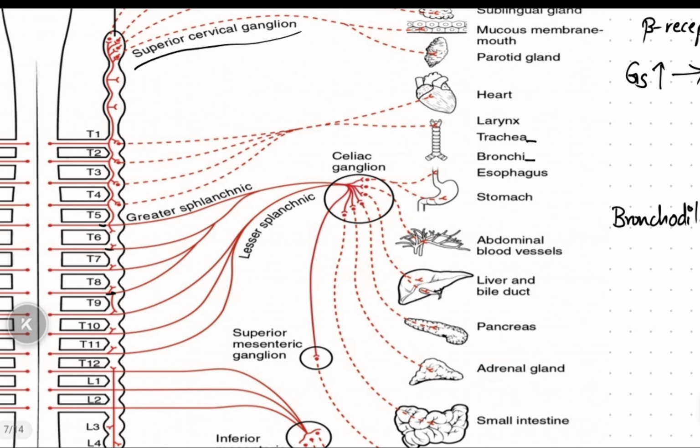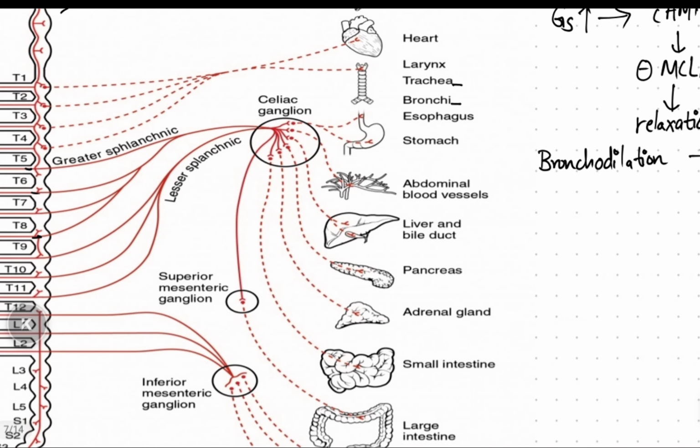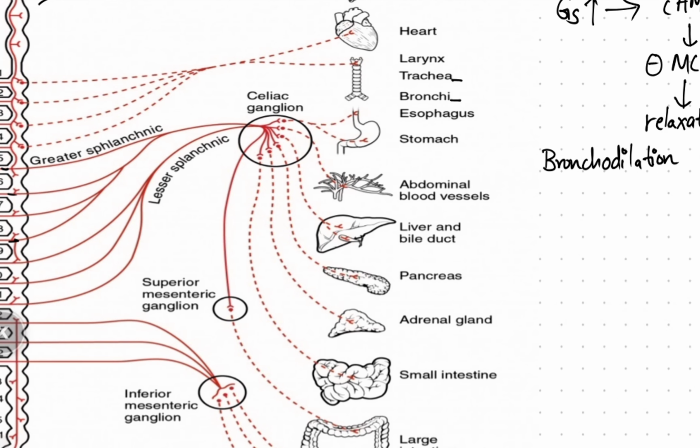Okay, when we look at these visceral organs, we have already gained the idea that in the stress situation or in the sympathetic activation, these digestive organs or the digestive processes occurring in these organs should be inhibited. So, in the esophagus, the same mechanism occurs. The smooth muscle of the esophagus is relaxed, which prevents the contraction.